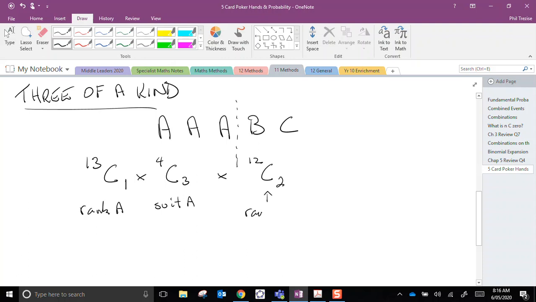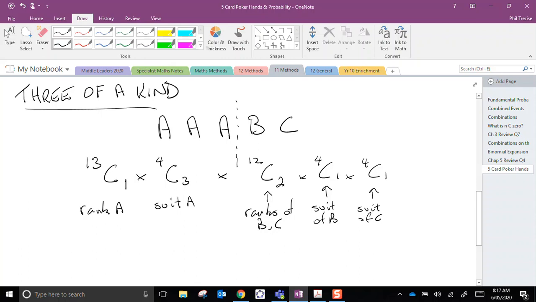So this is the ranks of B and C. Now, when it comes to B, there are 4 different suits, and I'm choosing only 1 card. So that's the suit of B, and likewise, 4 choose 1, that's the suit of C.